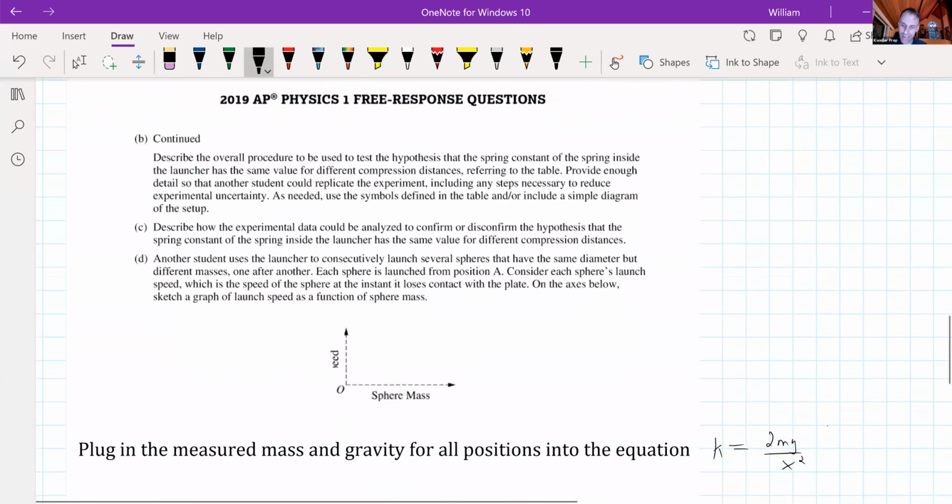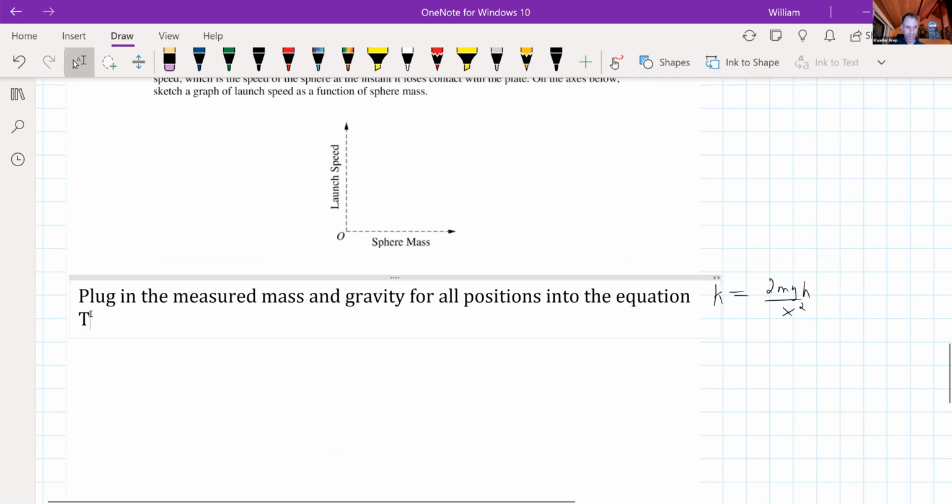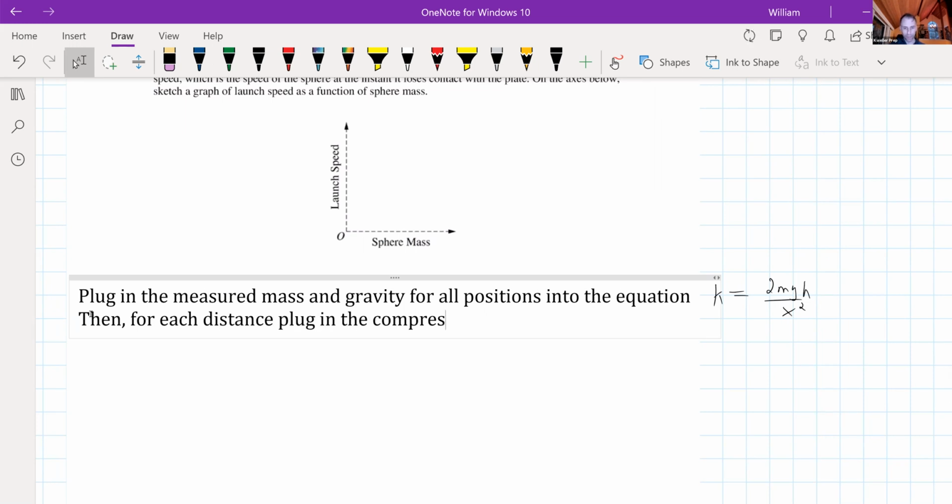Should be 2mgh over x squared. Then for each distance, plug in the compression distance and corresponding height, h. Solve for k at each position.